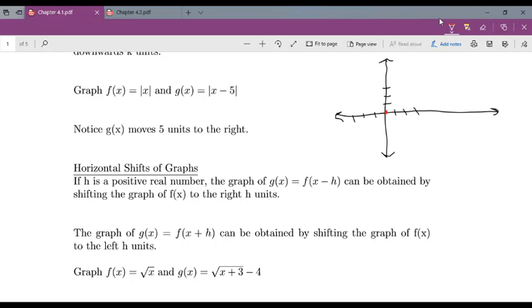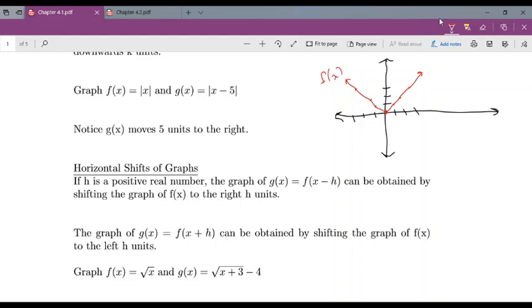Our regular f of x function for the absolute value of x looks something like this. Still working on getting used to this computerized drawing thing, so I apologize. So that's our regular absolute value function, our f of x function.